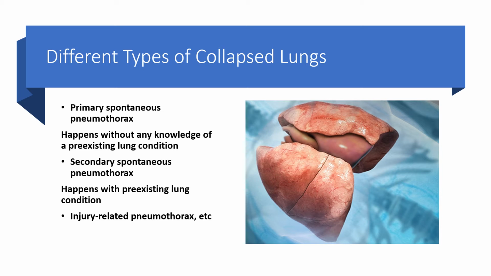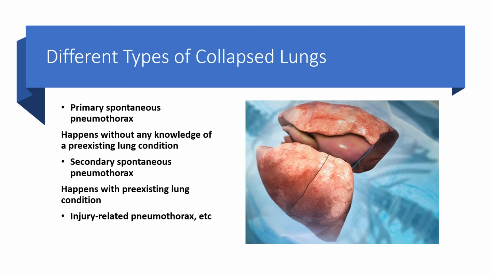So the primary spontaneous pneumothorax is when the collapsed lung happens without any pre-existing lung conditions. So that can happen when you don't have any asthma, you don't have whooping cough, anything like that. There's no prior knowledge that your lungs are not in a good state or can be affected.